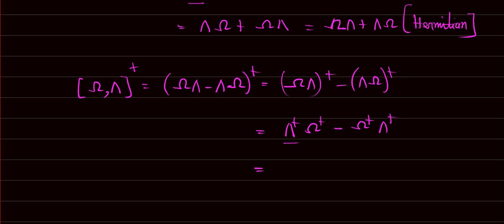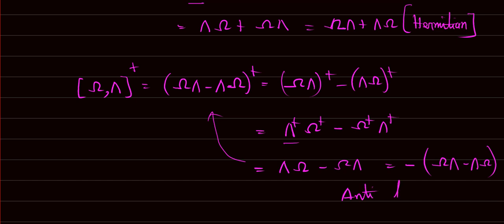So this is Hermitian, it will not change. So we did not find the original thing, but as you can see, if we take -1 common, we'll see this is like this. So this is anti-Hermitian.